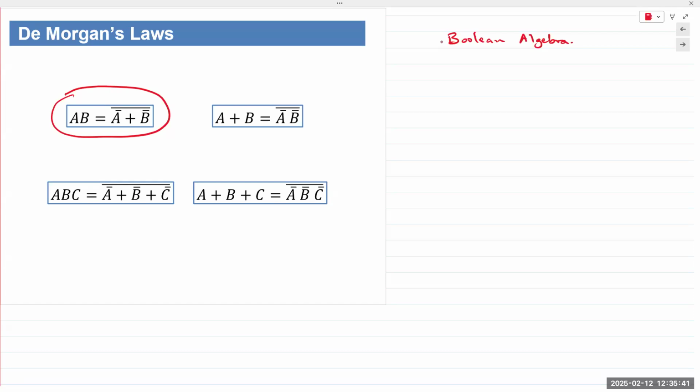If you take the sum of two inputs, it's OR, and you invert it, it's a NOR. So this function right here, where you have two inputs and you're inverting the output, is implemented with a NOR gate.